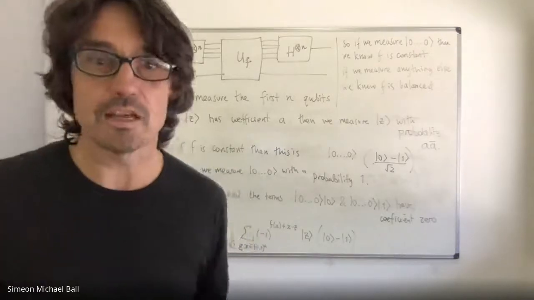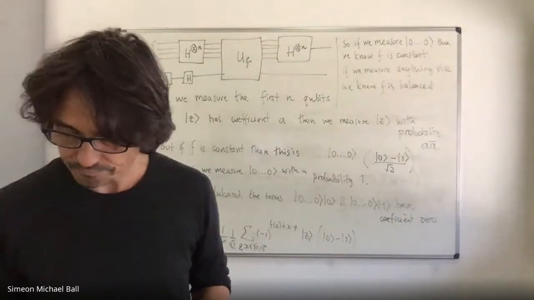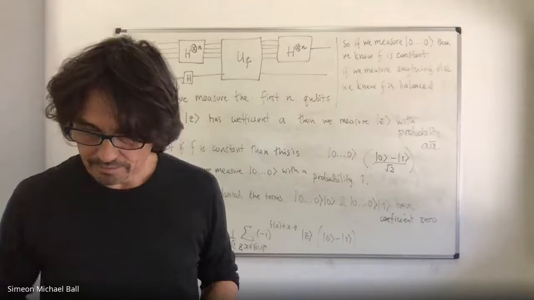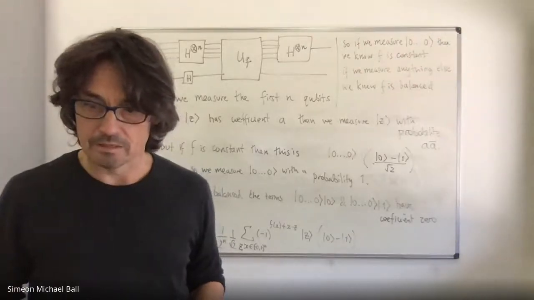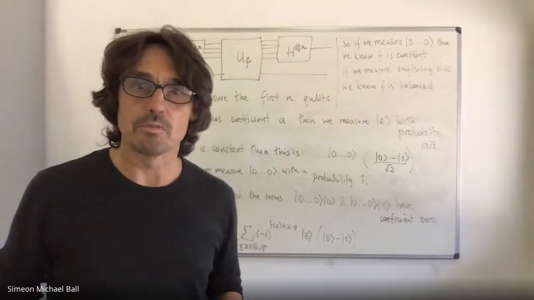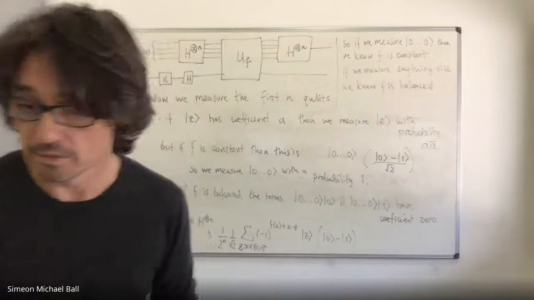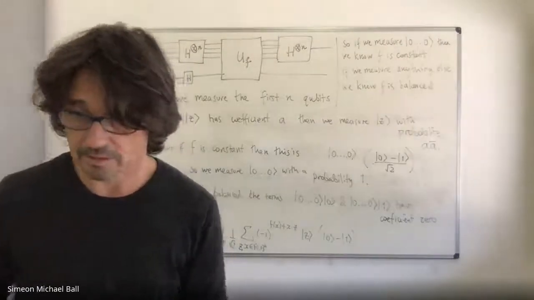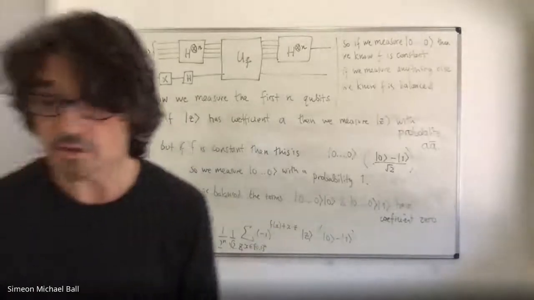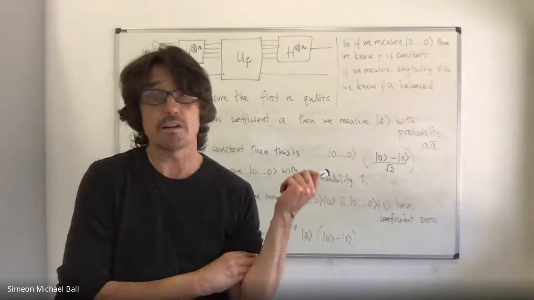So maybe I will just start. I will send out an email tomorrow, and you can have them over the weekend. I'll send an email tomorrow with a distribution of the exercises, and hopefully we can get those done.